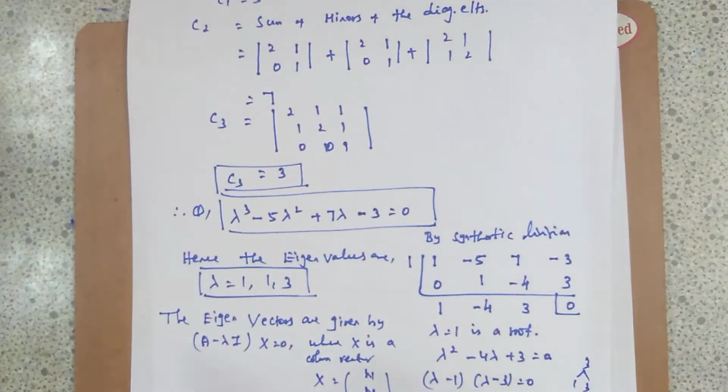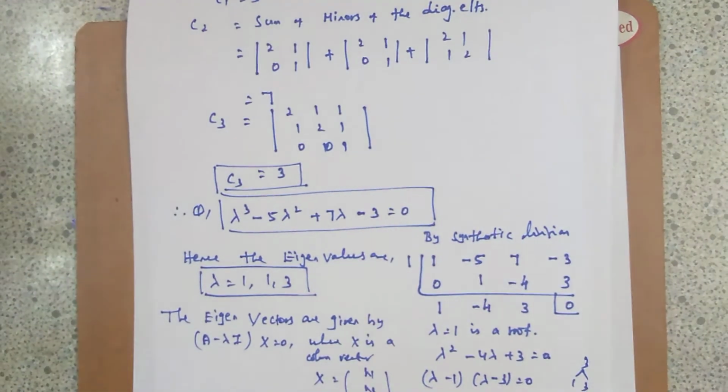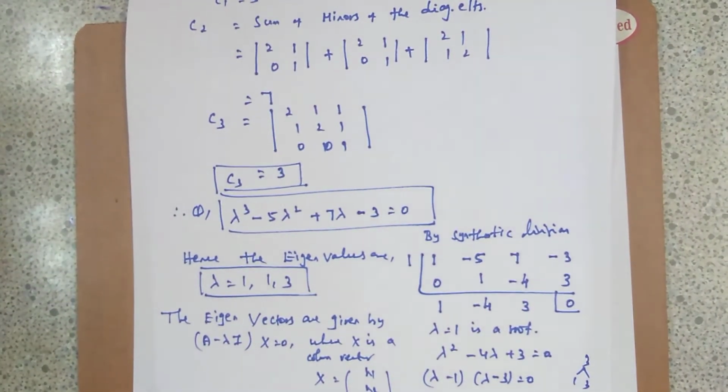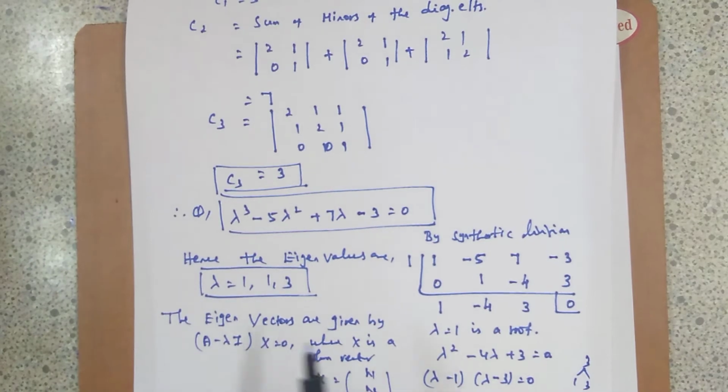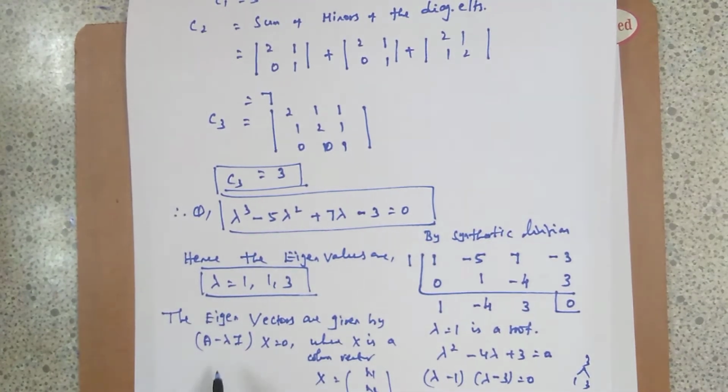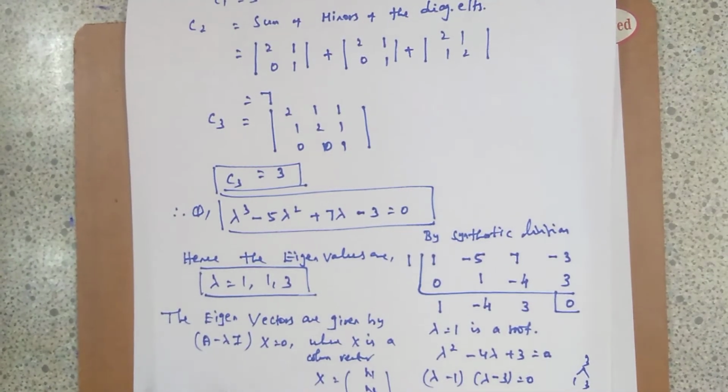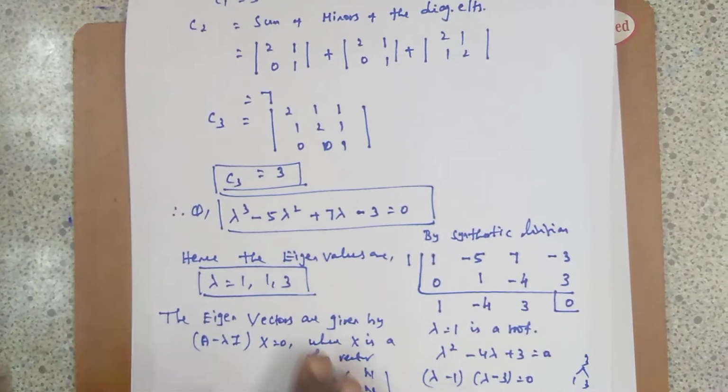After this, the eigenvalues lambda equal to 1, 1, 3 we have to substitute in this one. We'll get a system of equations, and we have to solve that system.